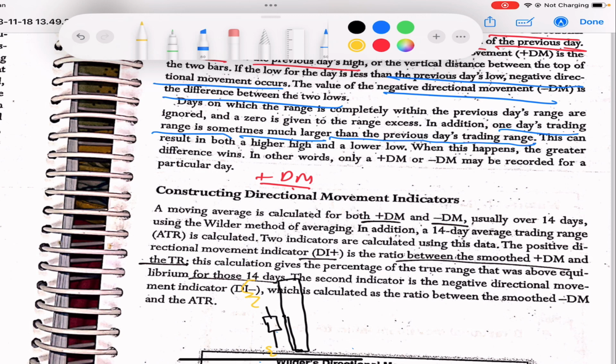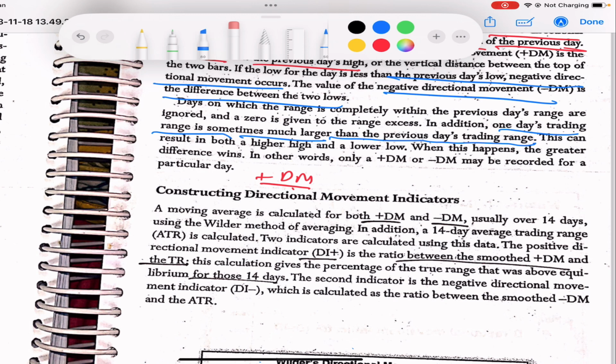But which one is more in proportion? We can see that the high is more as compared to the low. So in that case, we will only consider the positive directional movement. And if the low was lower in proportion more than that of the high, then we would consider it as negative directional movement. Simple stuff. Absolutely nothing is difficult.